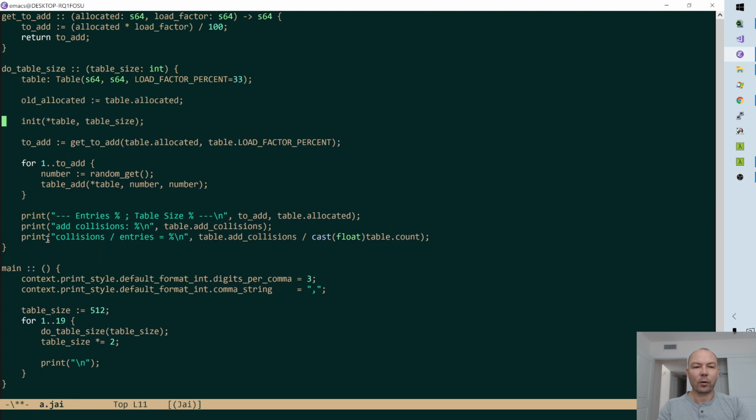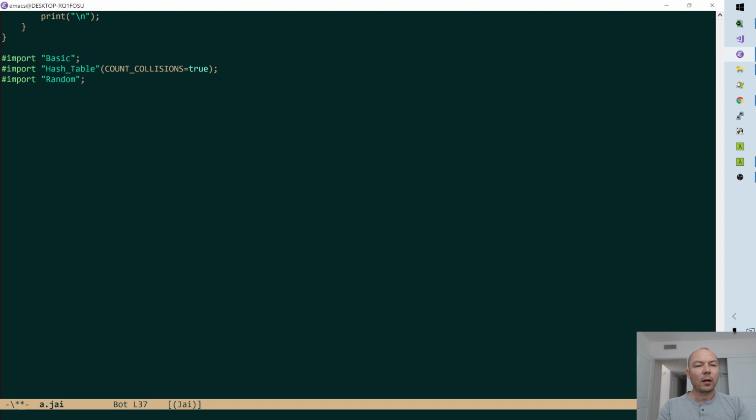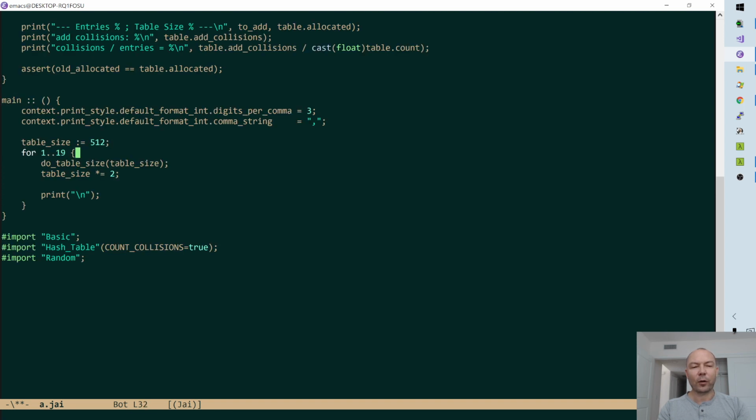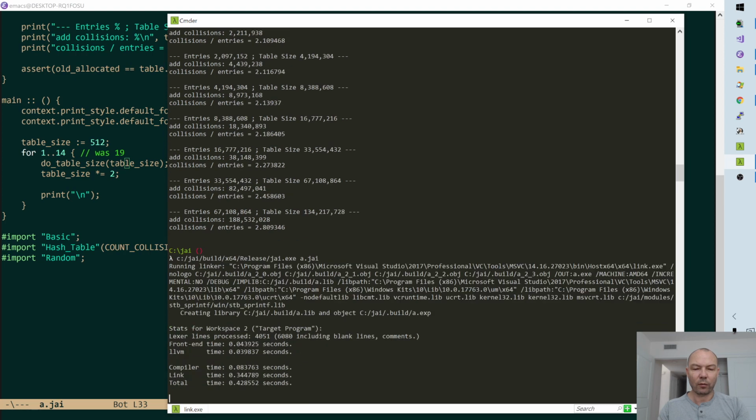And then after we do all this, we're going to assert old allocated is equal to table.allocated, right? And then I don't know if I turn off asserts in release build. So we're going to do debug builds for a bit, again, just for avoidance of doubt.